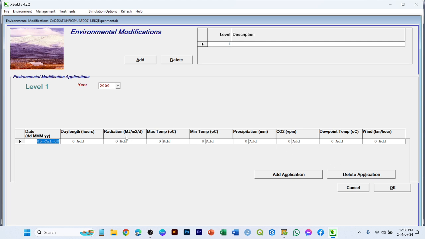For example, temperature is going to increase day by day. So we have to add it, multiply it, replace it, or subtract it. It depends.